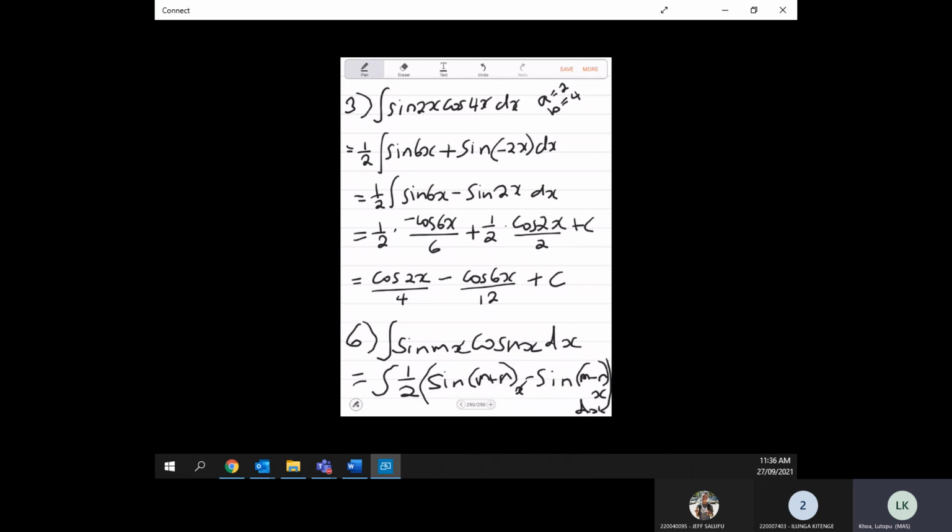Okay, then from there, what you do is you need to separate them or take the half outside. So you'll have half sine m plus n x dx minus half, the half obviously is outside, sine m minus n x dx.